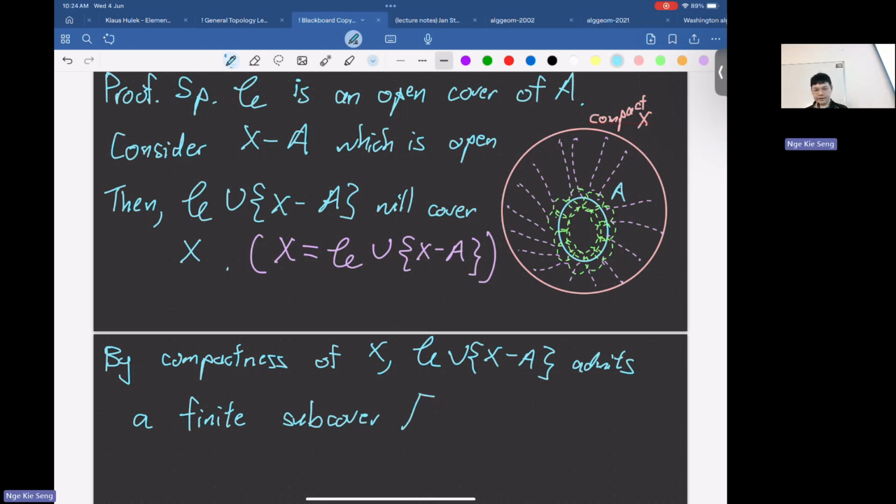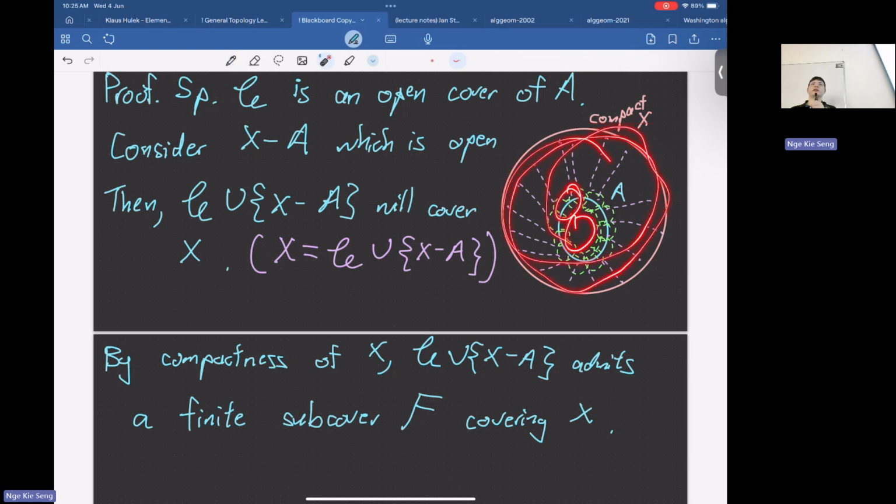Let's call it F for now, covering our X. So you can pick finitely many of them to cover the whole X. But now you want to cover A. What to do here? Now you know there are finitely many of them that can cover everything, but you want to cover A only. So how?